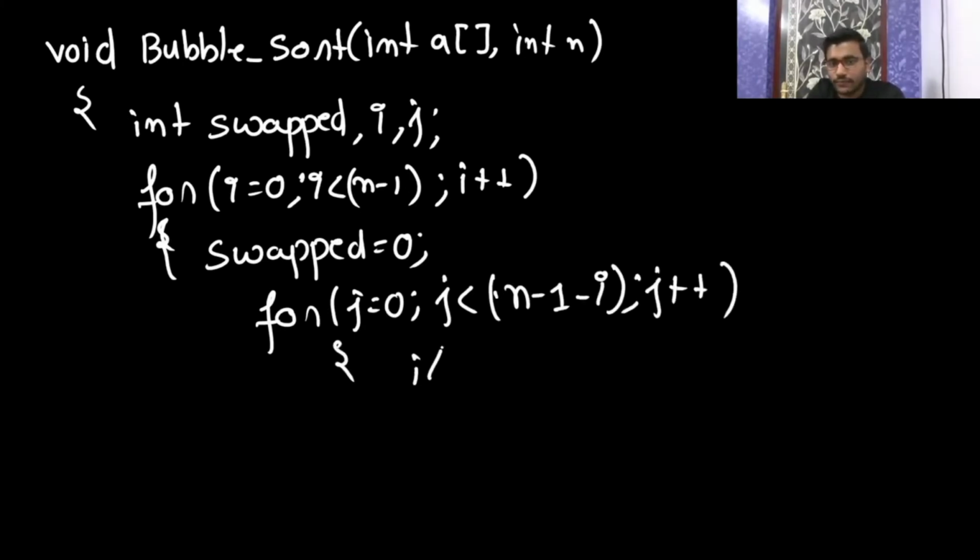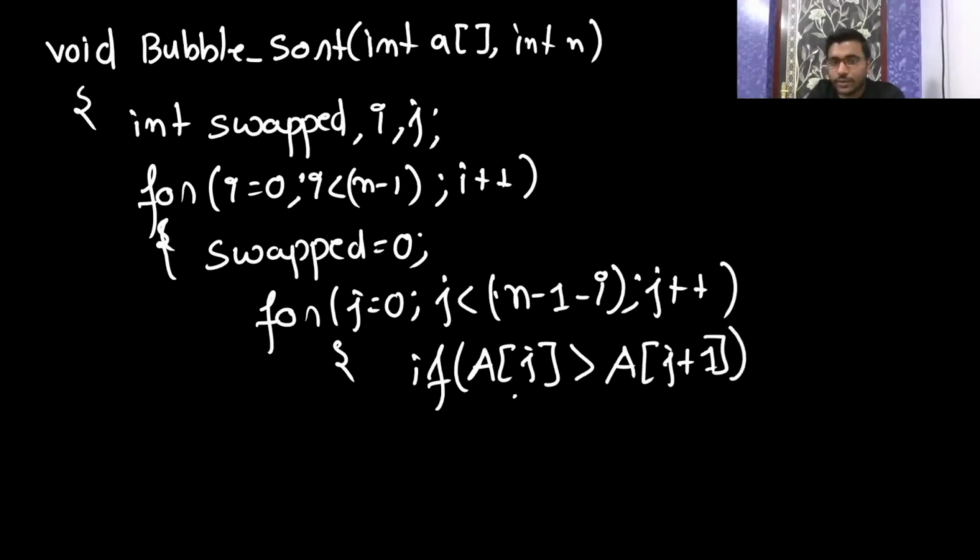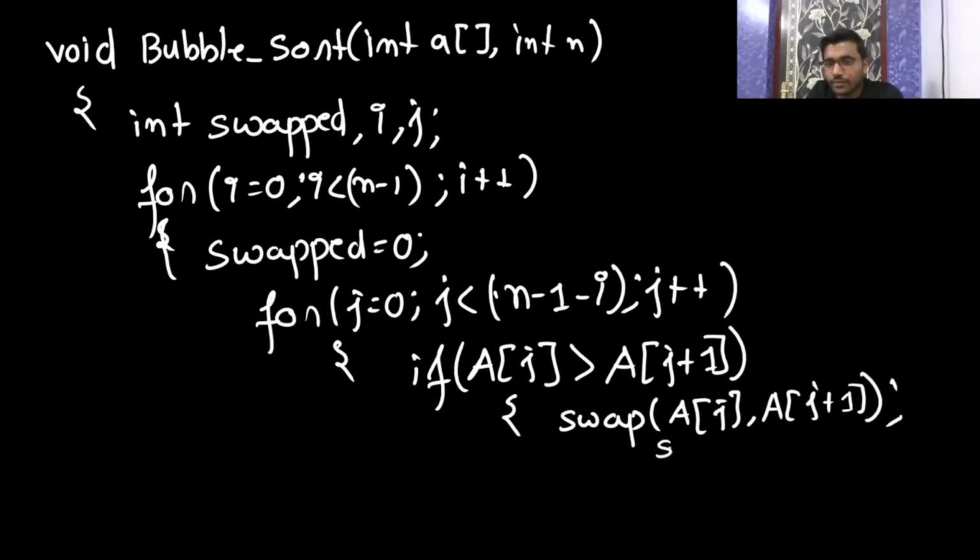Now if array of j is greater than array of j plus 1, then you are going to do the swap. You call swap on a of j and a of j plus 1, and you make swapped equal to 1.